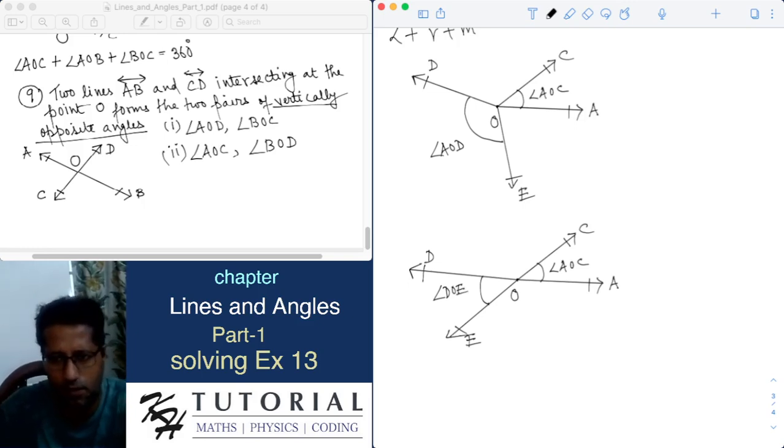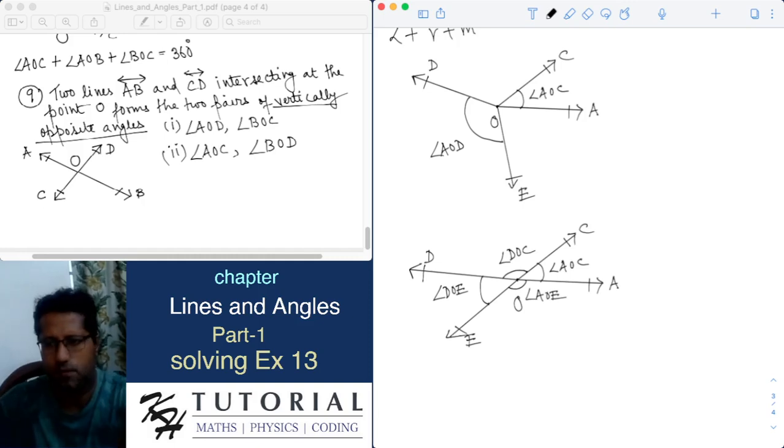This is one pair of vertically opposite angles. Similarly, the other pair of vertically opposite angles are these two angles. So this is angle DOC, and this is angle AOE.